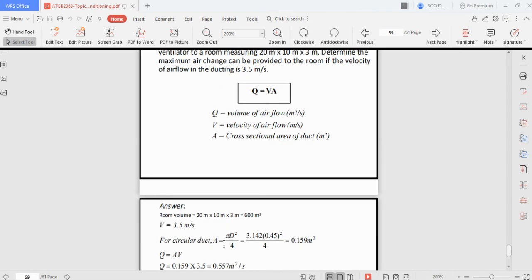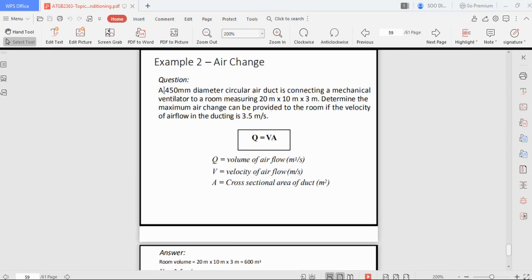Then you use the area, so you have to find the area. This is maths. The formula will not be provided for this area. You can use pi d square over 4 or pi r square. If you are using pi r square, do note the wording. This says diameter, so if you are using radius, you have to divide this by 2.